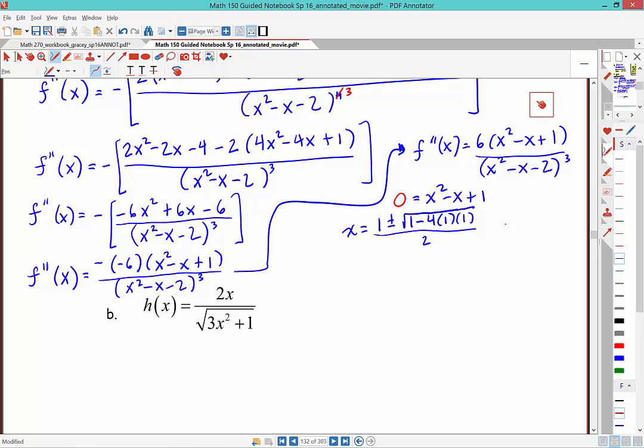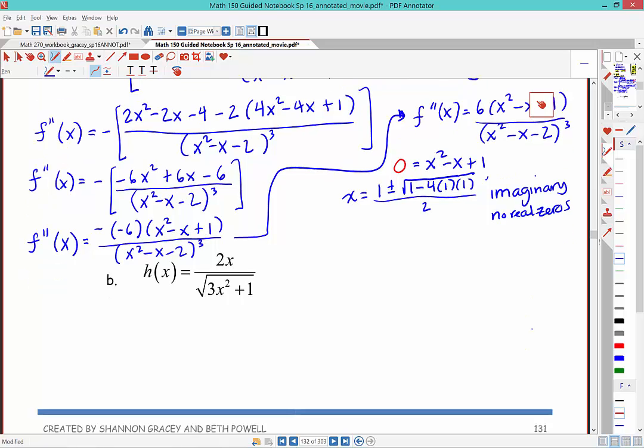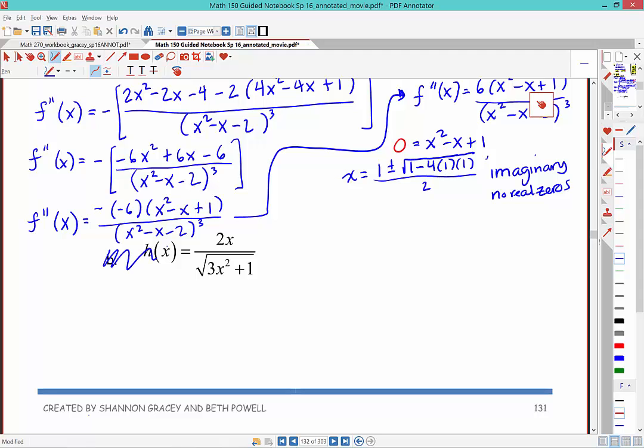And you see this is imaginary. So there's no real zeros of the second derivative. So what does this mean? Now this problem we'll do on another page.